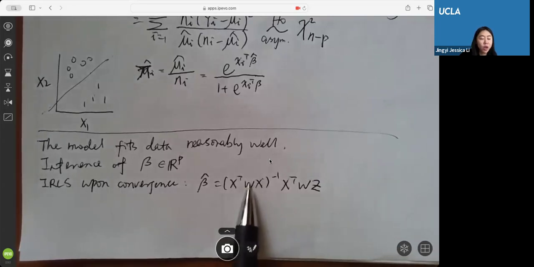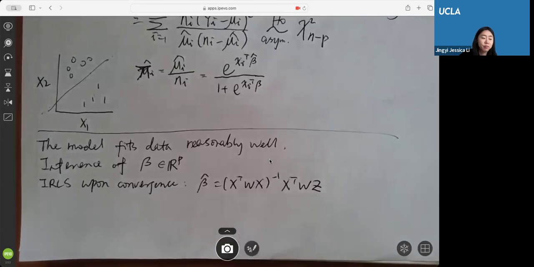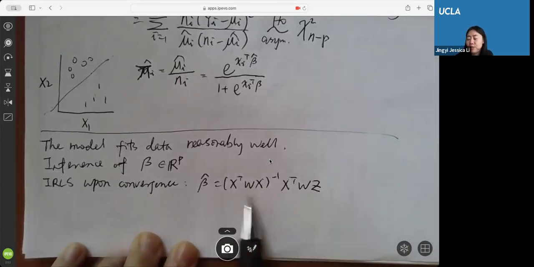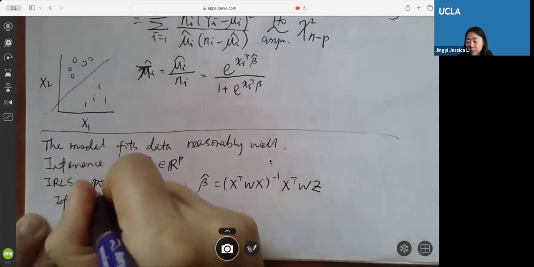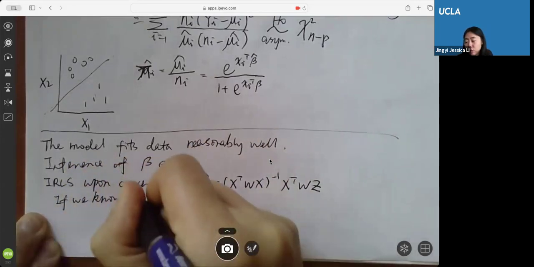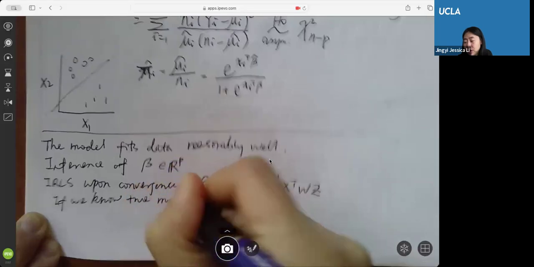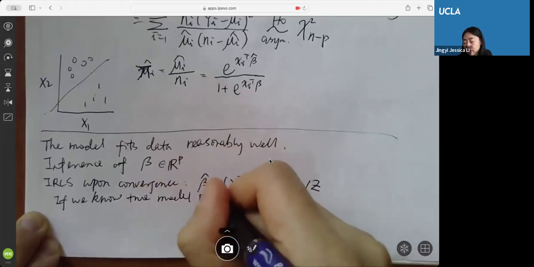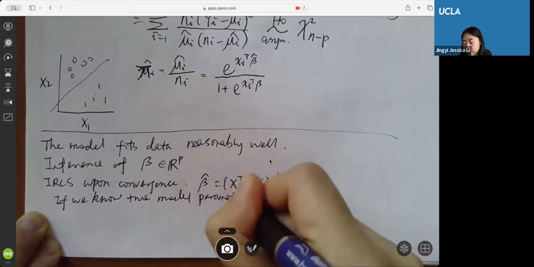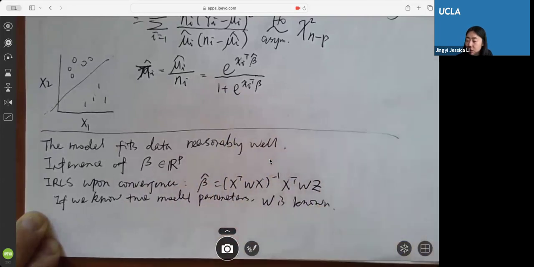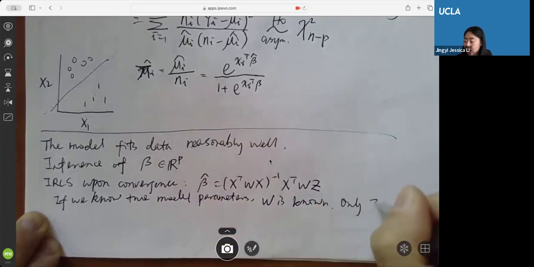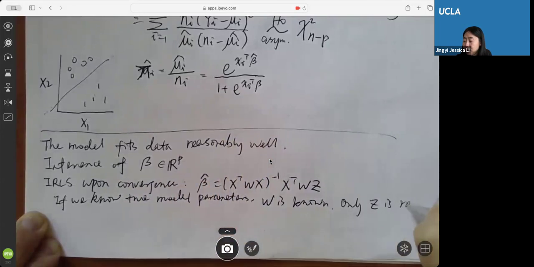If we believe that we know the true parameters, then we don't need to worry about W. So essentially, if we know the true model parameters in the GLM, W is known. So only Z is random.